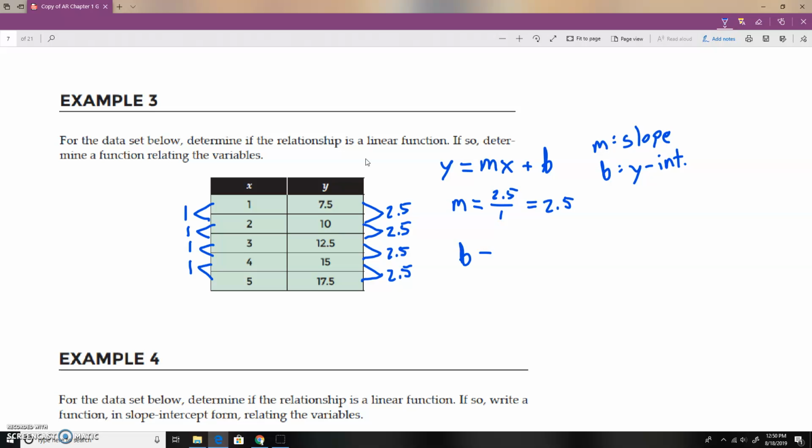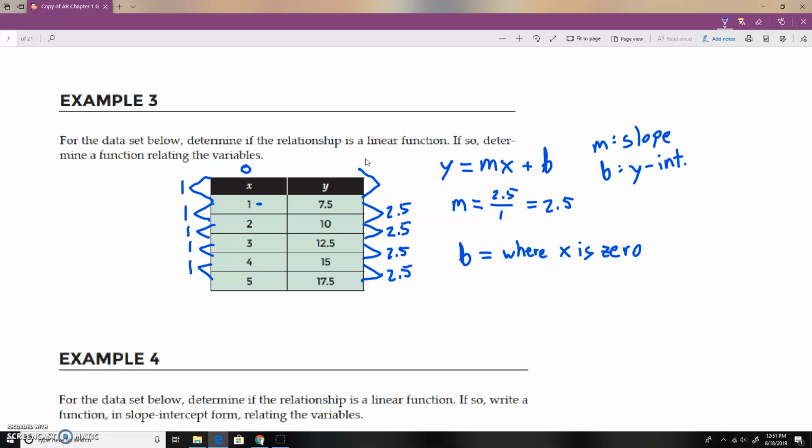To get our b value, we have to do a little bit more work. Our b value is going to be where x is 0. Okay? Well, you notice we do not have an x value of 0. The lowest we have is 1. But if we took one more step back, a difference of 1, and we went to 0, we could find that.